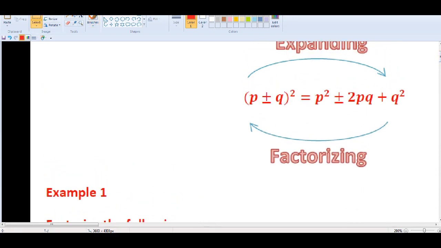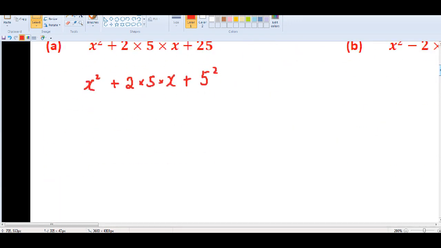Okay, so let's look back. If you copy this one and put it here to compare what you see, this is plus, so I'm going to delete the minus. Do you see that?